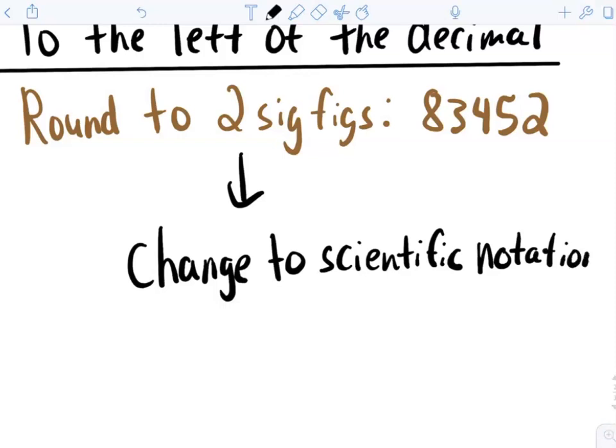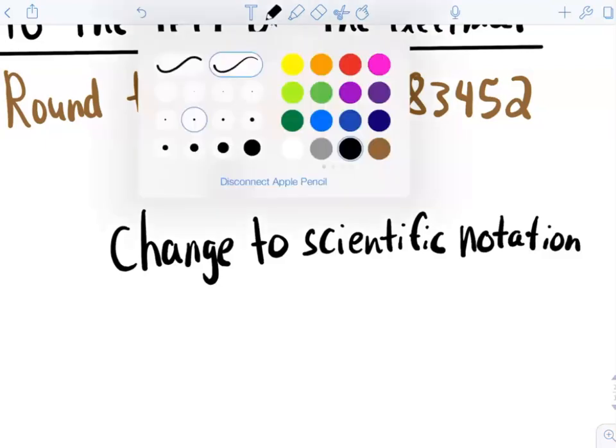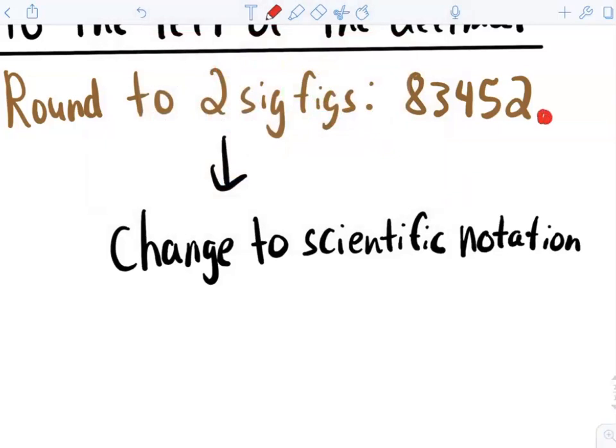And the first thing that we have to do in order to do that is we have to move the decimal place in between our first 2 digits. So I first have to find my decimal place, which is going to be here at the end of this number. And then I'm going to count how many times that I move it. So 1, 2, 3, 4.